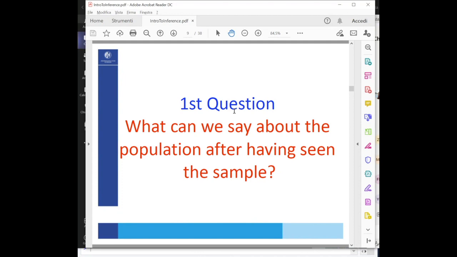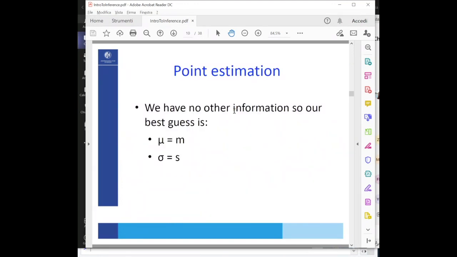What can we say about the population after having seen the sample? This is the question, and this is the answer. We have no other information, so our best guess is that mu is equal to M, and sigma is equal to S. Is it clear?